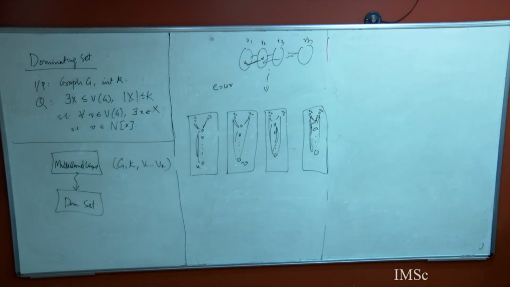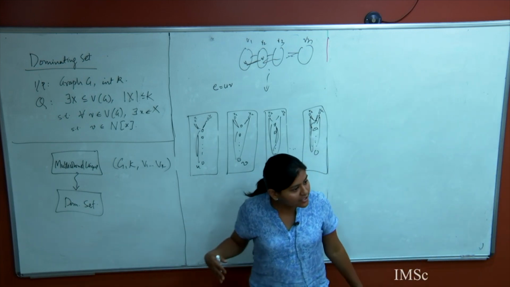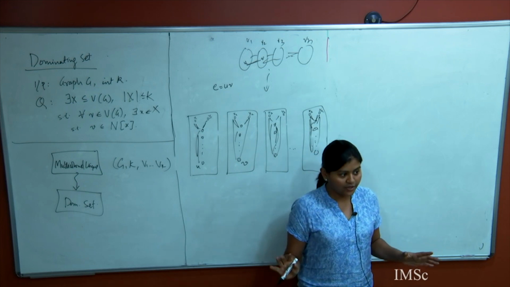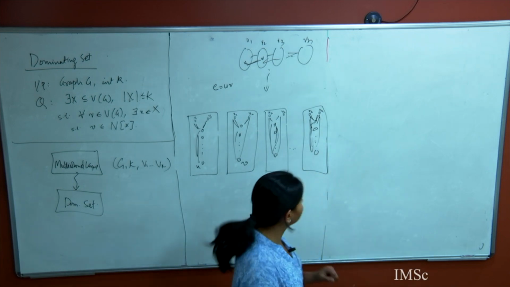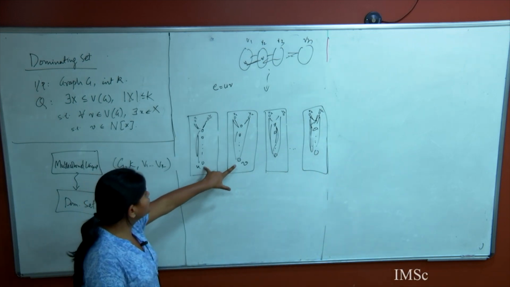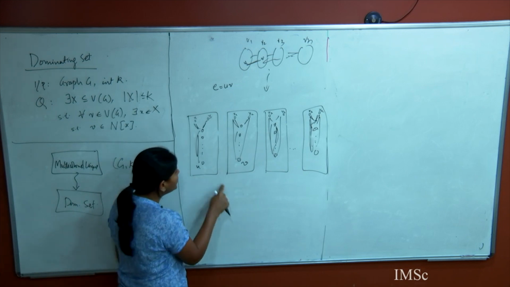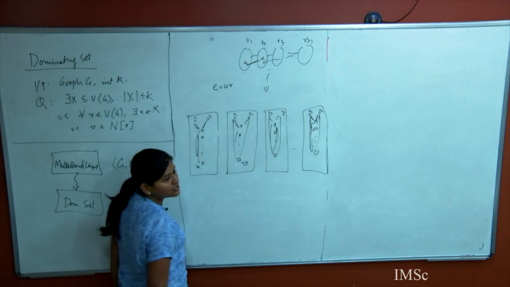So we have encoded selection of k vertices, but now we want them to form a clique also. What we have not encoded is why they should form a clique. Now suppose I select vertex u from here and vertex v from here. I need that there has to be an edge between them in the original graph.